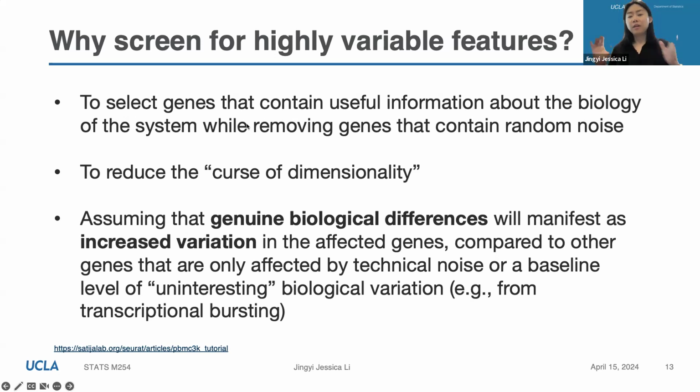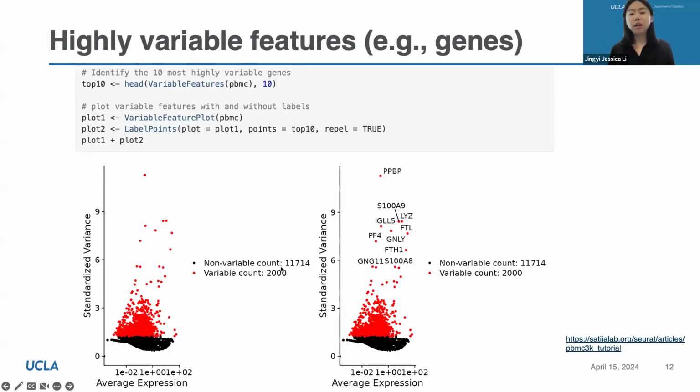And this is what's argued, right? Some genes contain useful information, but for other genes, the measurement variation from cell to cell is mostly random noise. We don't keep them. But I think from a computational or statistical perspective, we want to reduce the curse of dimensionality, because essentially we reduce the number of features from 13,000 to 2,000.